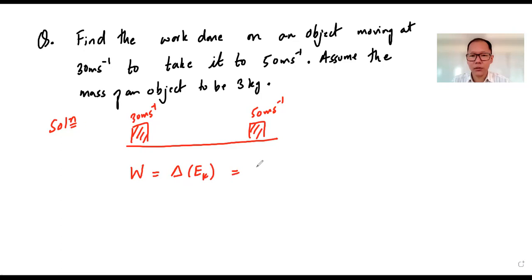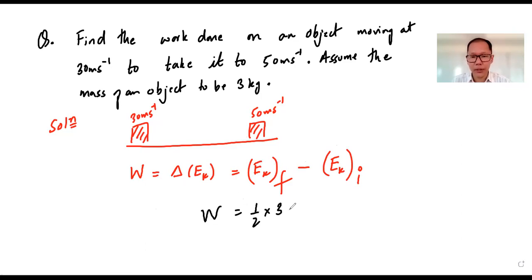So the work done is 1/2 times 3 kg times 50 squared, minus 1/2 times 3 times 30 squared.